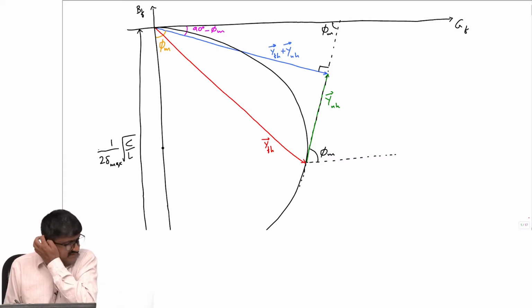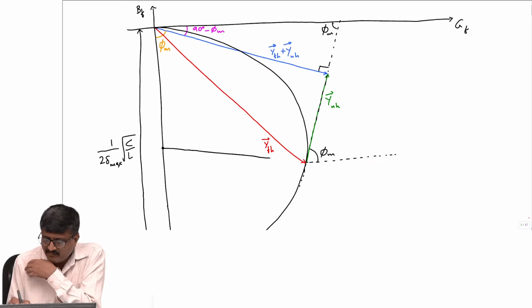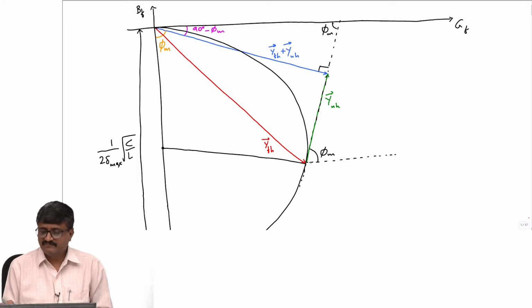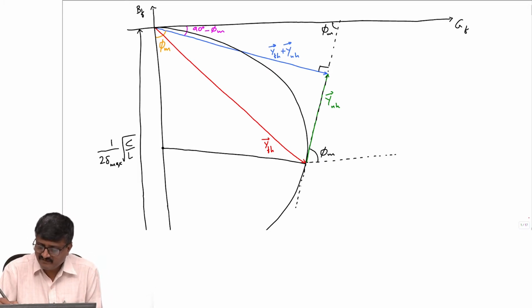Now, if I take a straight line segment from the center of this semicircle to this point at which I have taken the tangent, please note I have taken the tangent here.